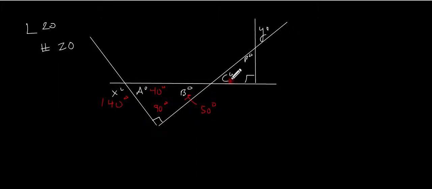Now, C is also 50 degrees because these are called vertical angles, and vertical angles are congruent or equal, so it's going to be 50 degrees. We do the same thing to find P. So if this is 50 and 90 and this is 50 and 90, I don't even need to use my calculator. This is going to be 40. And then Y is a vertical angle, so it's going to be 40. Ta-da. Okay, 2 more and we're done.